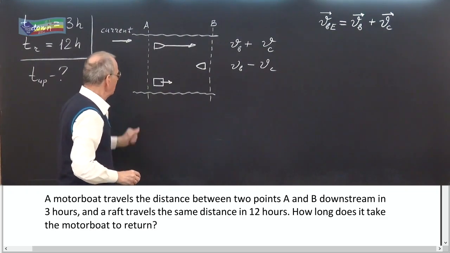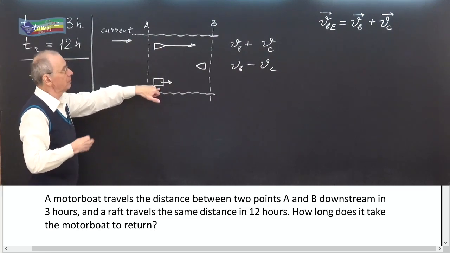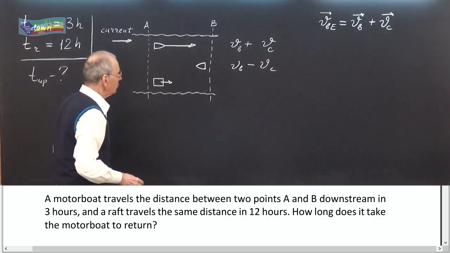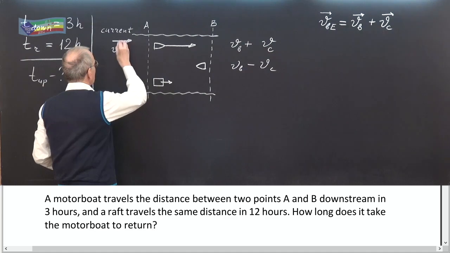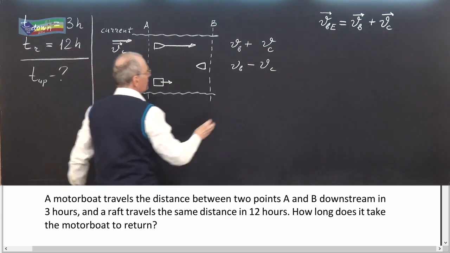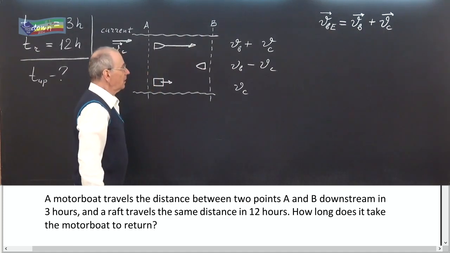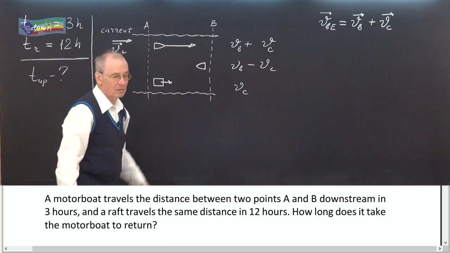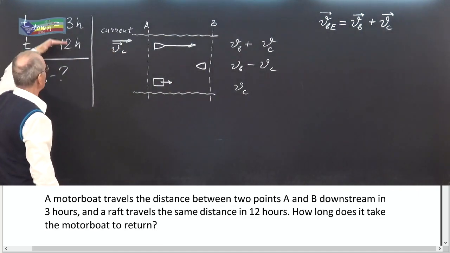And at last, the speed of raft, the velocity of raft, and the speed of current, the velocity of current, are the same. V current.